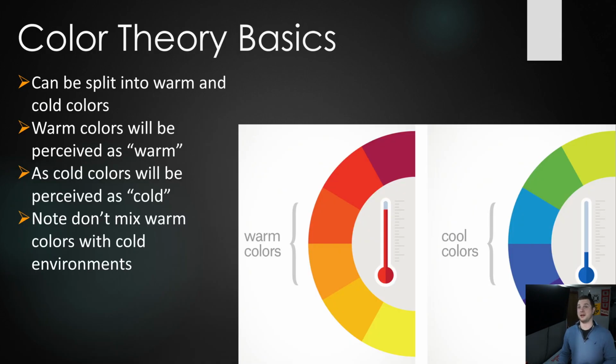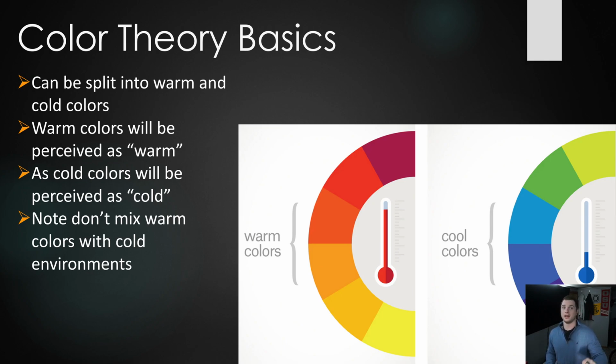All right, color theory. So this is where we have to talk about how colors are perceived. And again, this is a very high level exposure to some of these things. So warm colors, as shown over here, these are obviously going to be perceived as warm. So generally speaking, you want to match your warm colors with the environment that it's in.